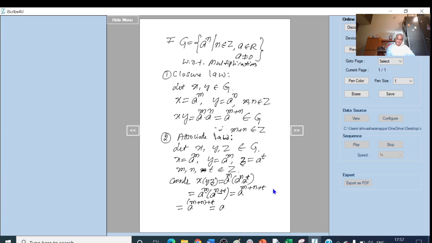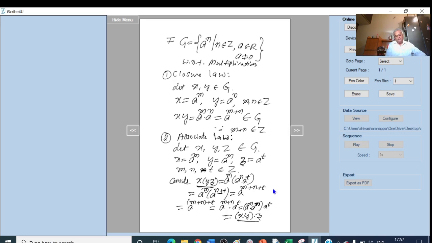This can be written as a to the power of m plus n into a to the power of t, which is a to the power of m into a to the power of n into a to the power of t. That is nothing but x into y into z. So here we have shown that x into yz equals xy into z, that is, the associative law holds.